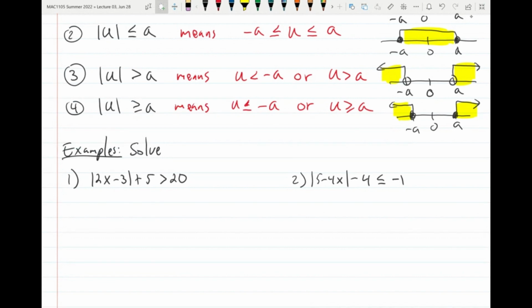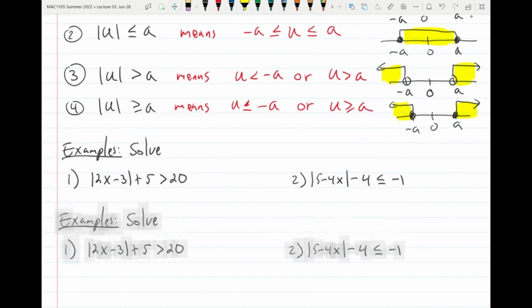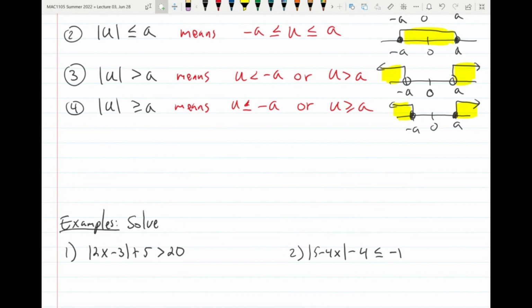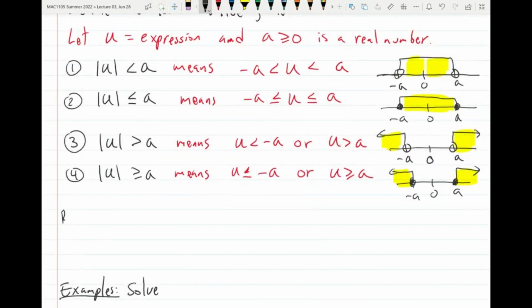Oh, wait. Let me write one remark. So remark: for a greater than 0, absolute value of u greater than negative a, and then absolute value of u less than negative a.